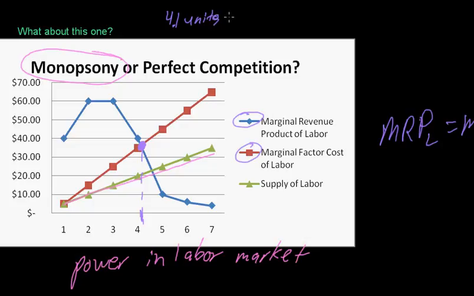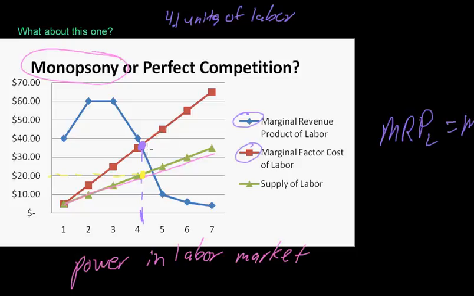And then the monopsony is going to pay whatever it has to pay to get that many units of labor. So it's going to go down here, and it's going to pay, that looks just about exactly like 20. So we'll say maybe $21.